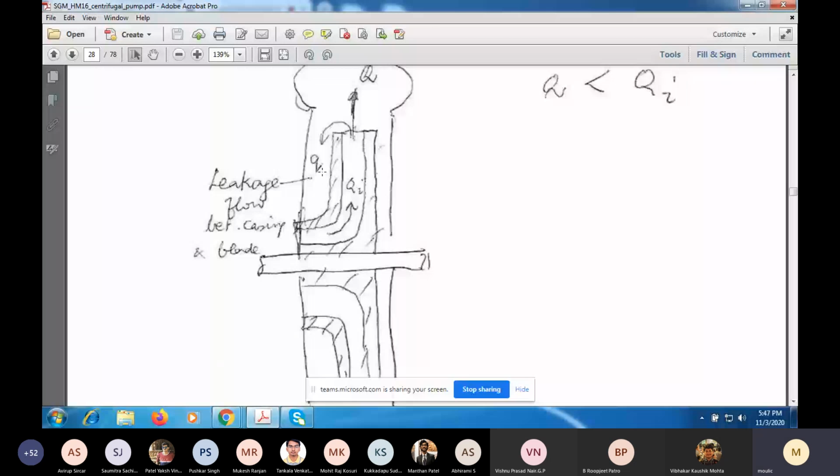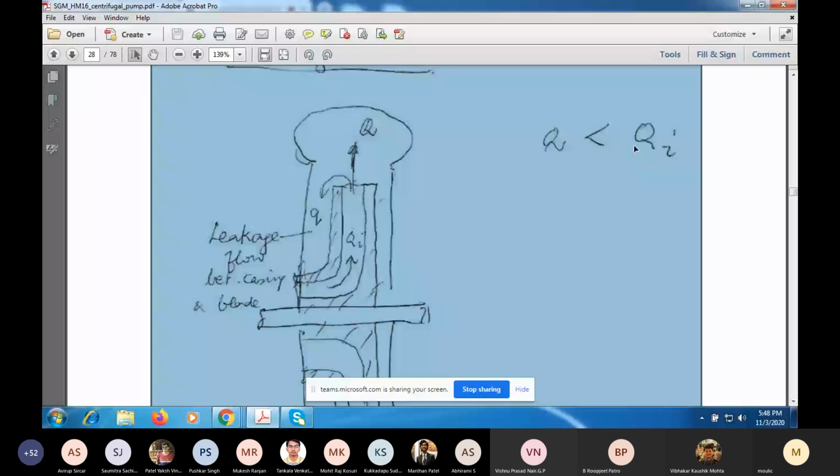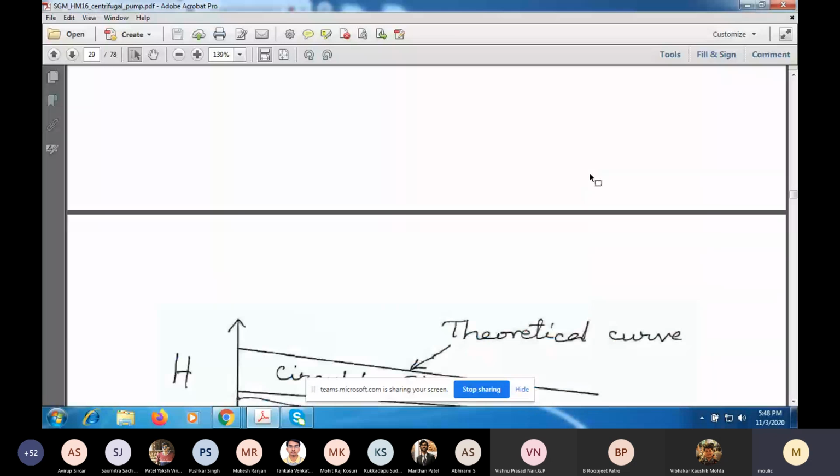If I call this small q, and if I say Qi is the flow rate of the impeller, then Qi minus q is the flow which is collected by the scroll case. So Q, the actual flow rate, is less than the flow rate to the impeller. So this is what is called leakage losses.